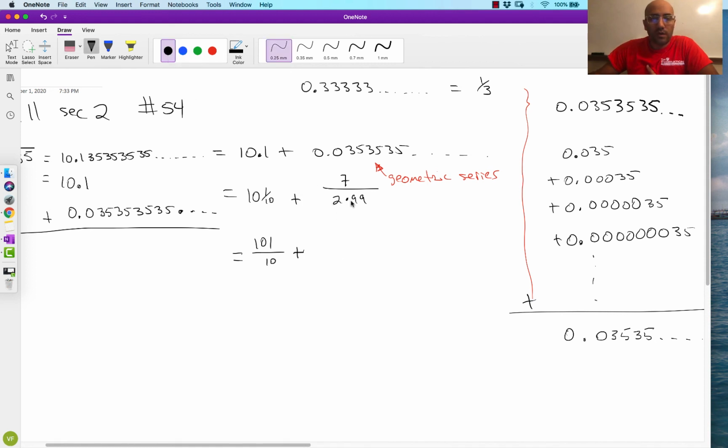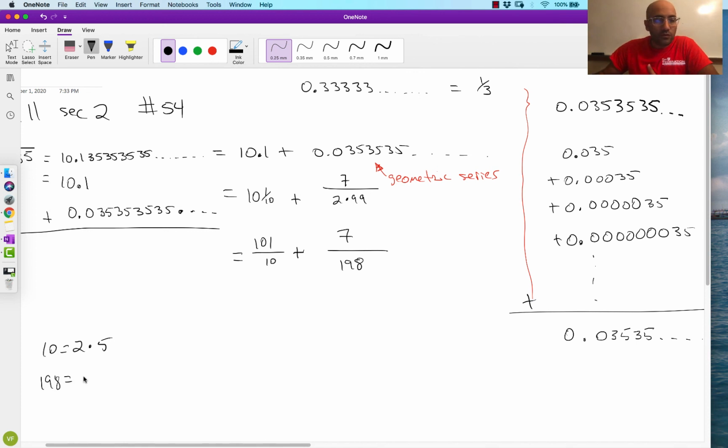So we simplify this. So this is going to be 7 over 198. Common denominator, well, just be the easiest thing. We have a 10, which is 2 times 5. And then we had the 198. Find its prime factorization.